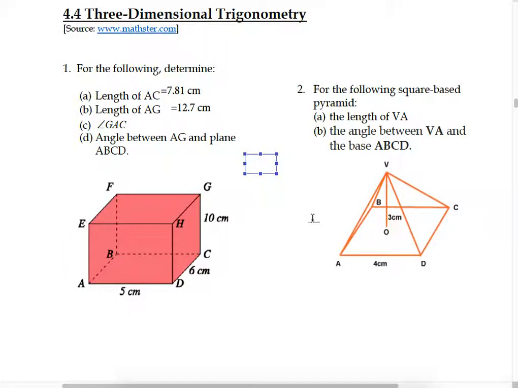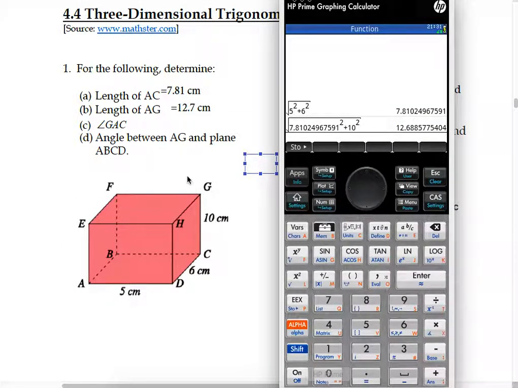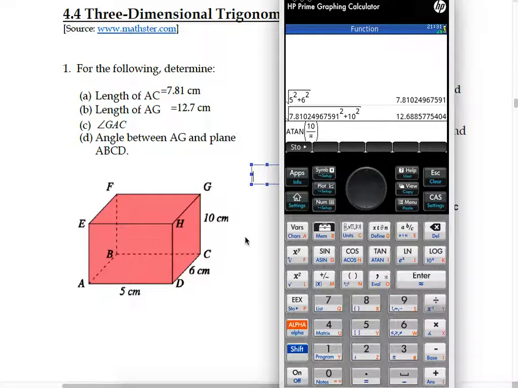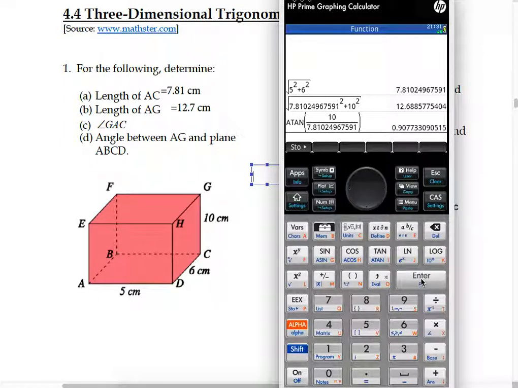So side GC is 10 and AC was this long number here, right? So we are going to say shift tan, and then the opposite of the angle, which is 10, divided by the adjacent, which is side AC, this number here. Okay, and when we press enter, 0.99, that doesn't seem right.